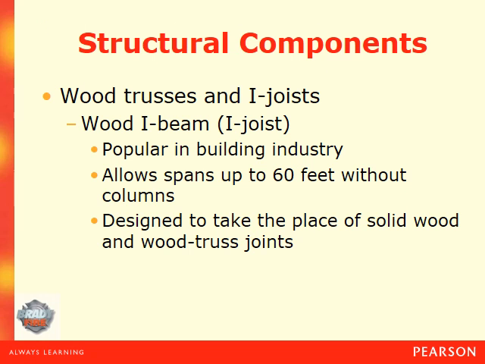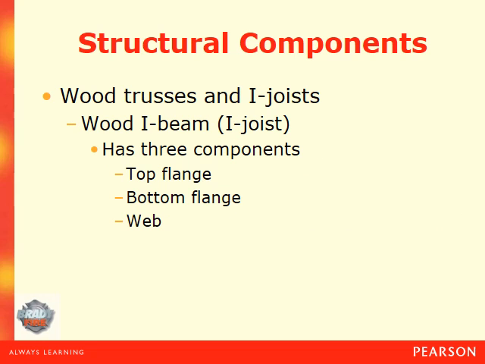So our I-beams, or I-joists, are popular in the building industry now, and they allow spans up to 60 feet without columns. They're designed to take the place of the solid wood beams and wood truss joists. When you look at an I-beam, it has three parts. It has a top flange, a bottom flange, and some sort of webbing in the middle that gives it structural integrity.